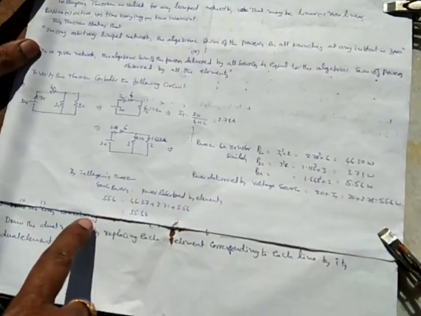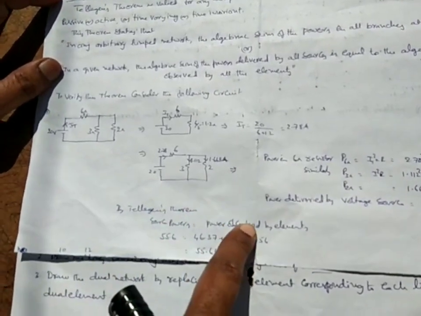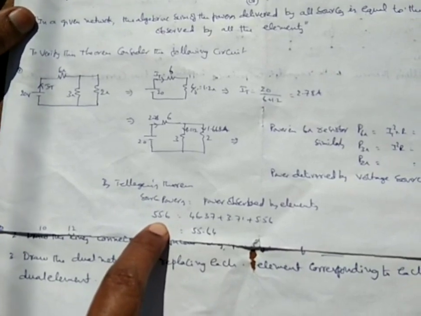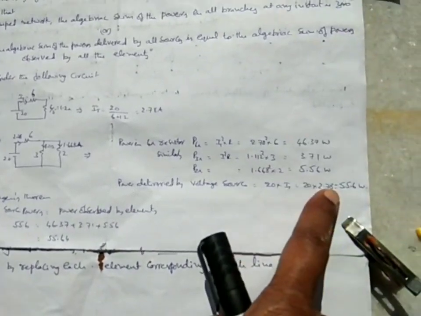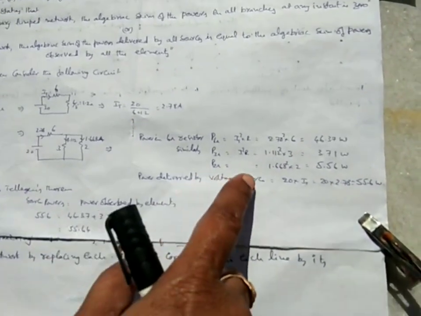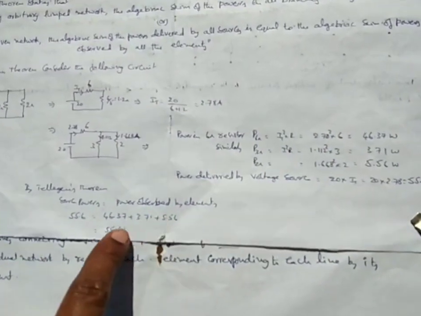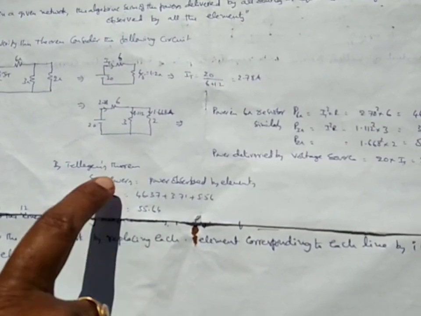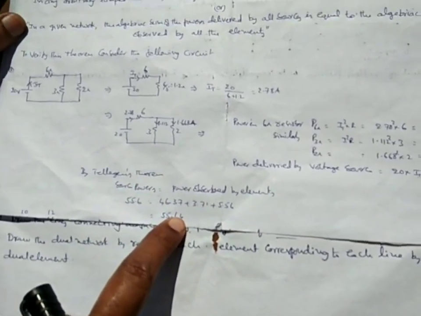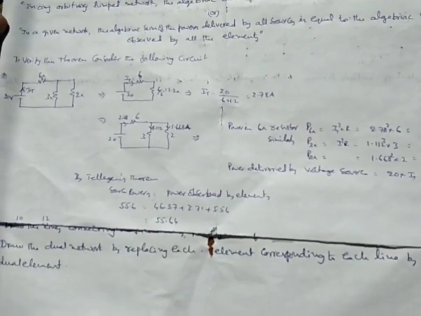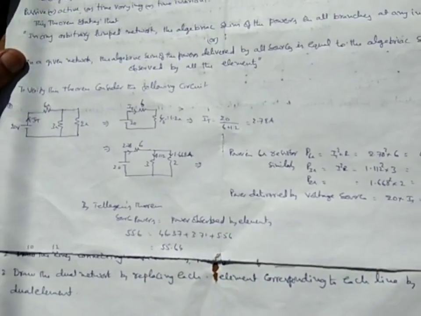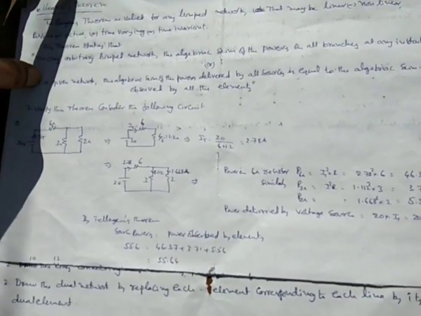Now, by Millman's theorem, source power is equal to element powers, or power absorbed by the elements. Source power is 55.6. Element power is the sum of these 3 powers. This is also found to be 55.6. So, these two are equal. Like that, we can verify this theorem for all networks.